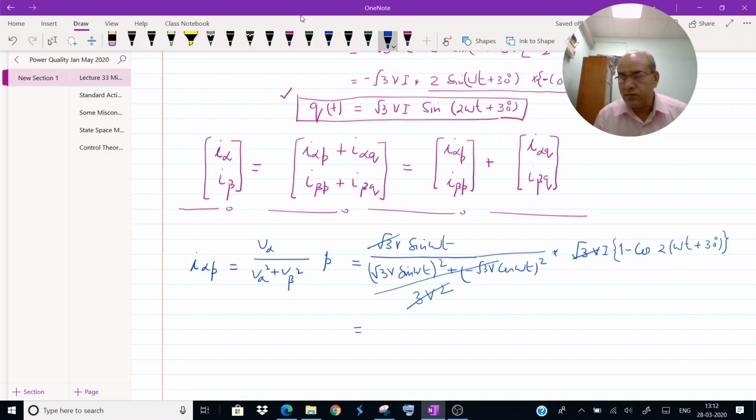So this becomes I sin omega t and 1 minus cos 2 omega t plus 60 degree. If you want, you can multiply 2 inside. This is the current I alpha P.